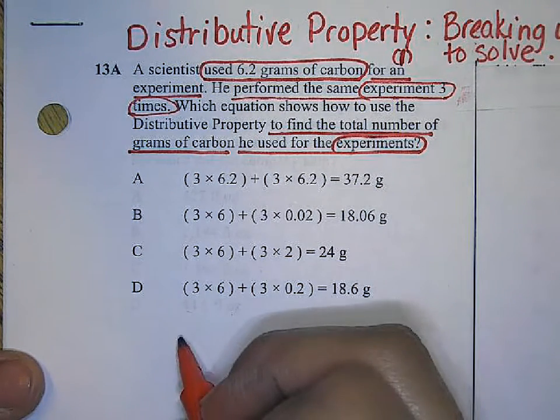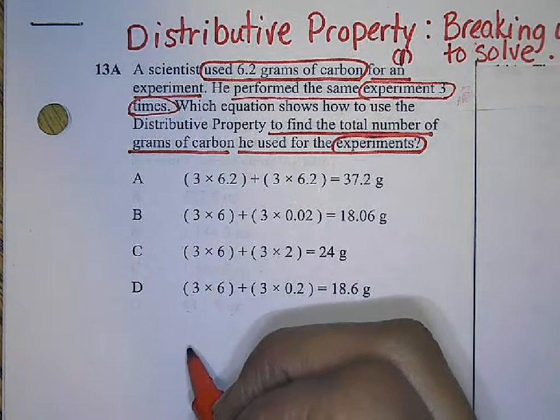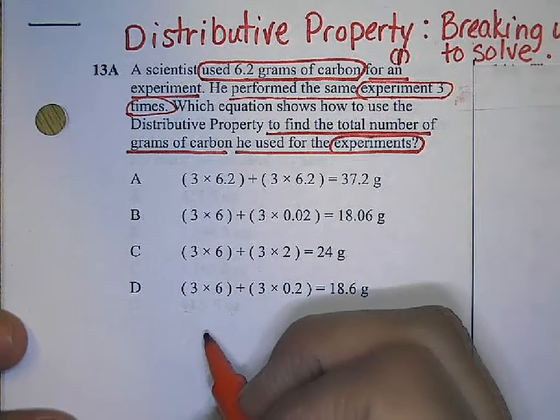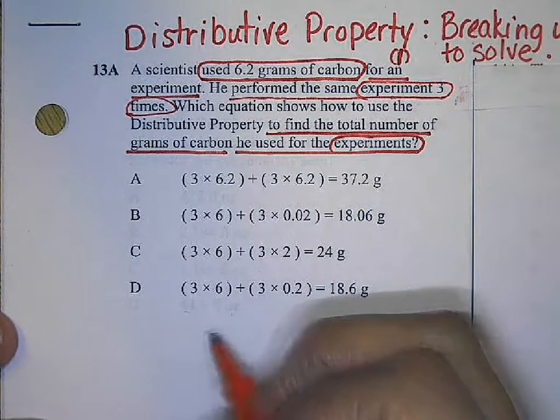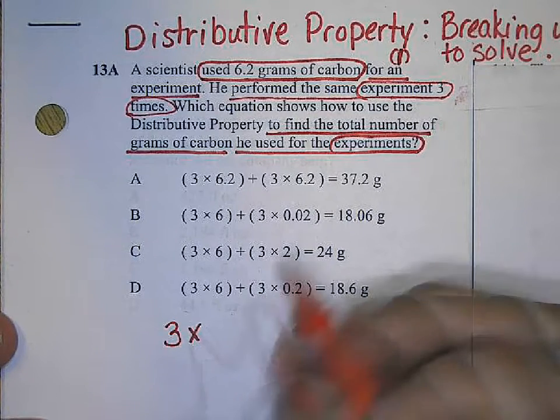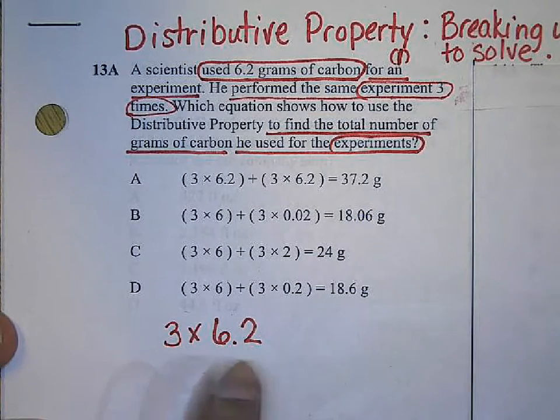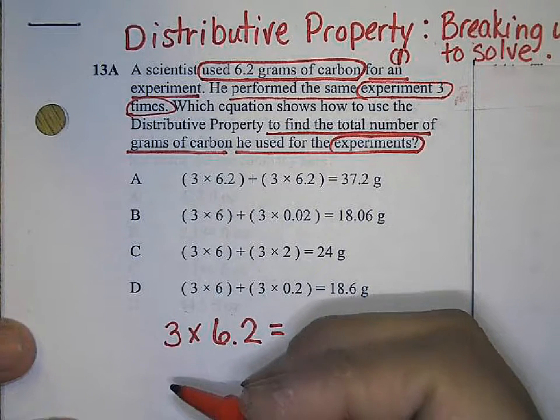Okay, so here's what I want you to do. Distributive property says, I'm going to break up the values of what I have. So, I'm doing 3 times, then I look at my number 6.2, right? This is what I would have in the traditional algorithm, the traditional numerical sentence.